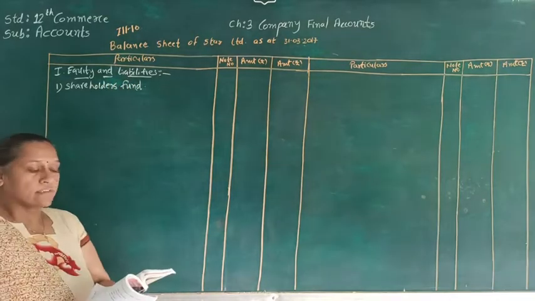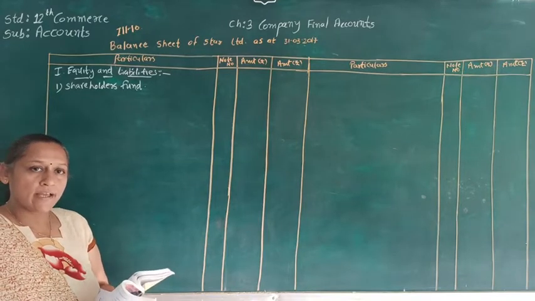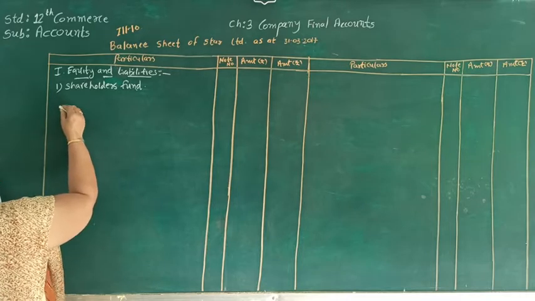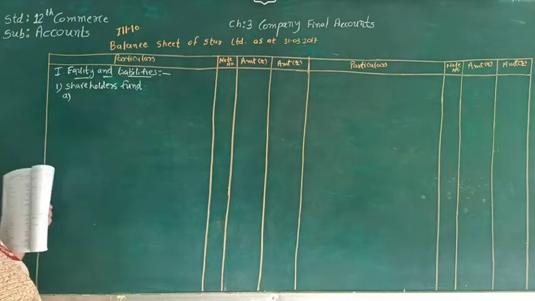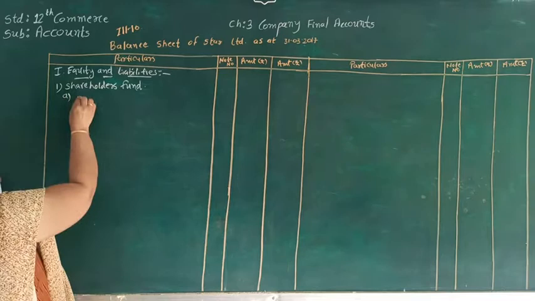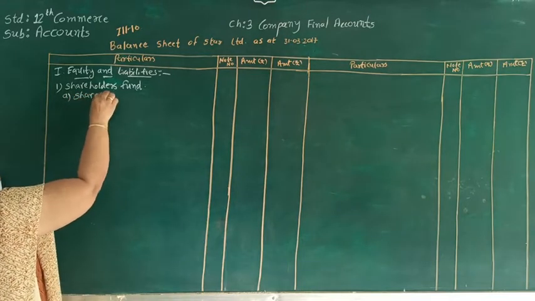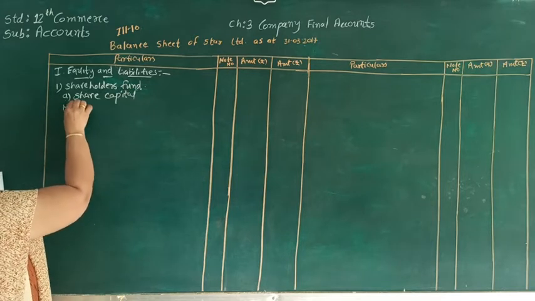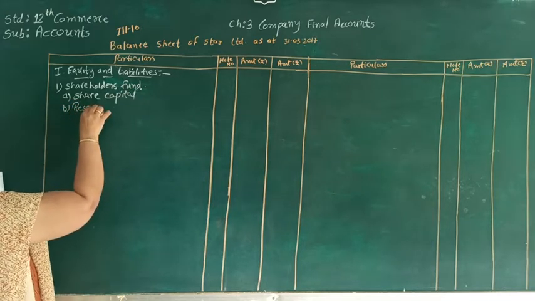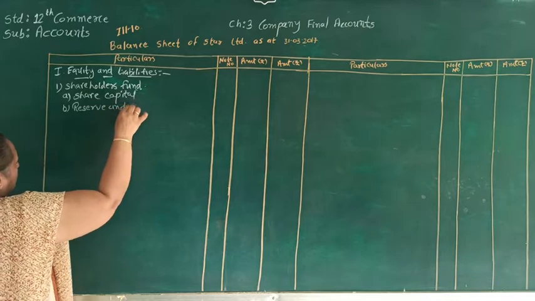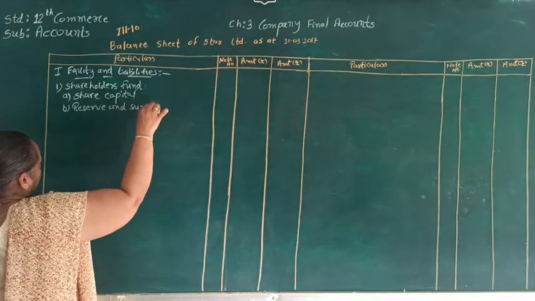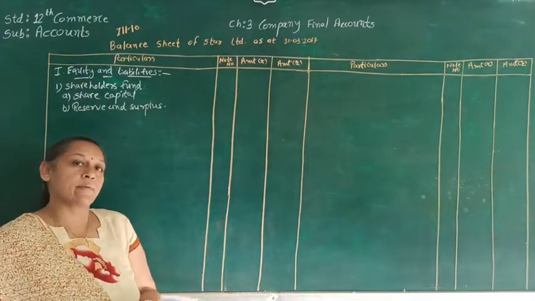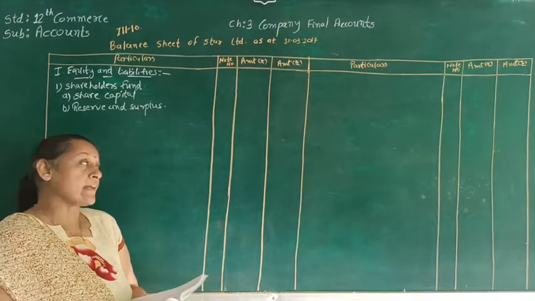In the shareholders fund, very first heading is share capital, and the second one is reserve and surplus.